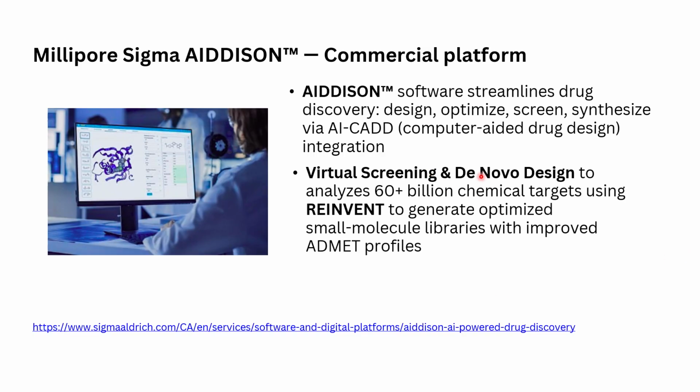So virtual screening and de novo design in Edison analyzes more than 60 billion chemical targets to identify potential drug-like candidates, utilizing generative AI models such as Reinvent to generate optimized small molecule libraries with superior ADME properties.